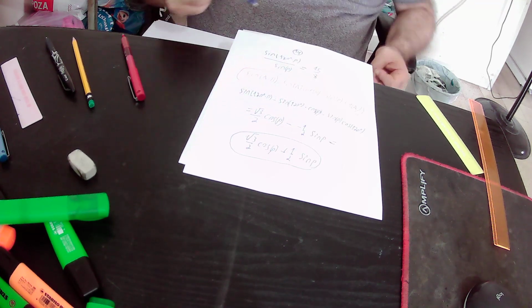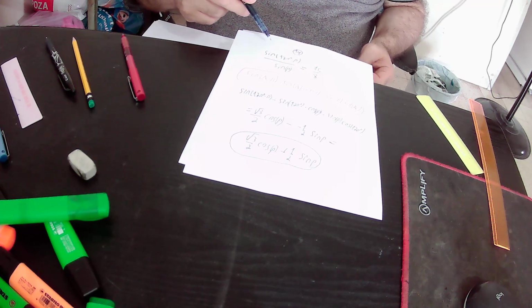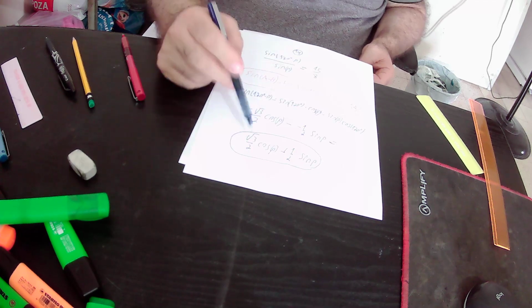So we'll substitute sine 120 degrees minus p by this expression.